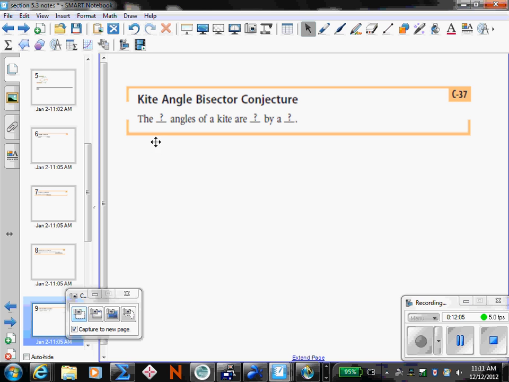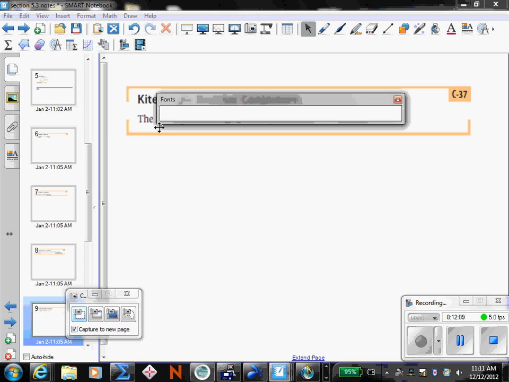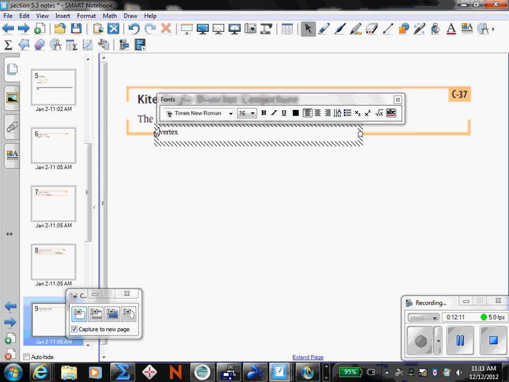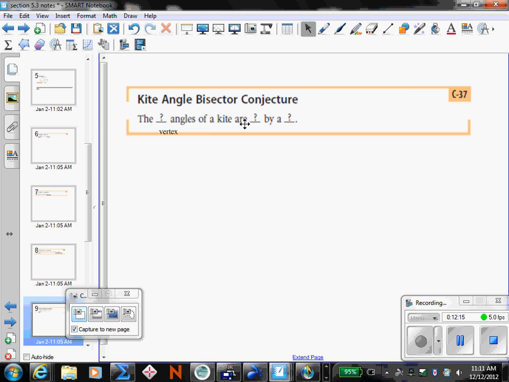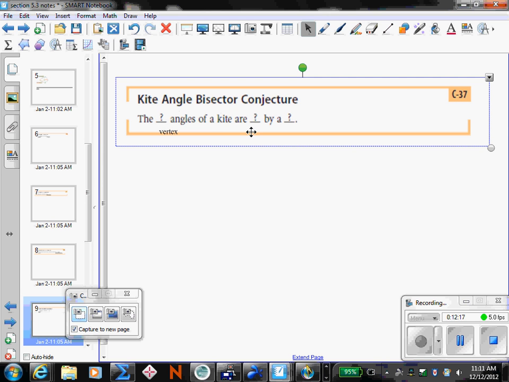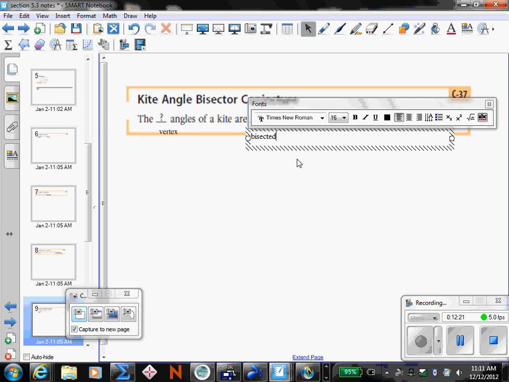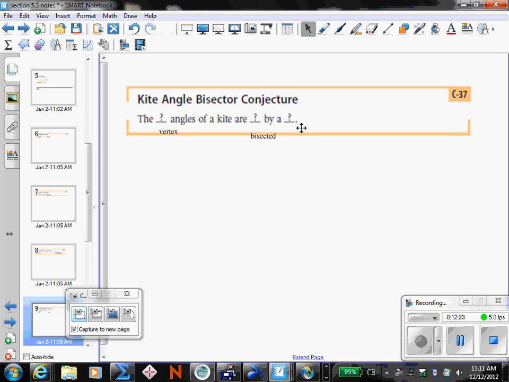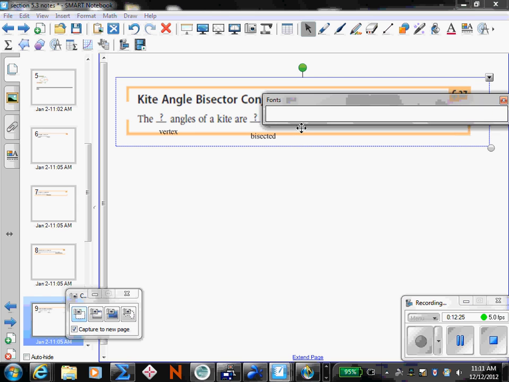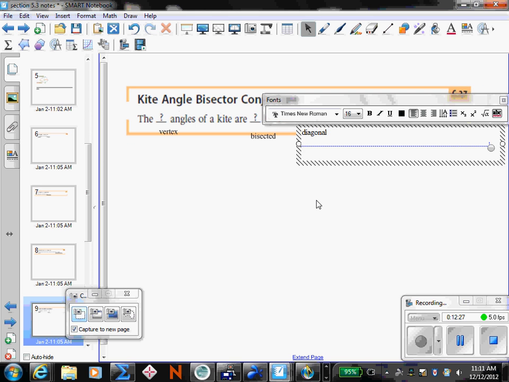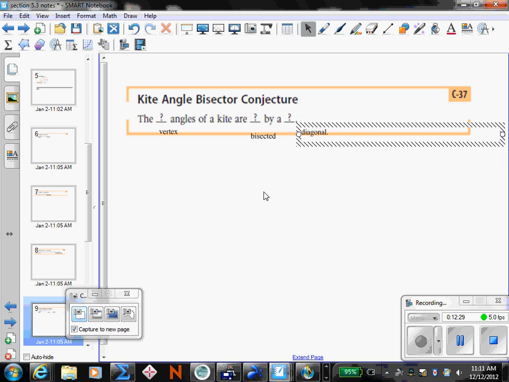The vertex angles of a kite are bisected by a diagonal. Okay, so there are your 4 conjectures on a kite.